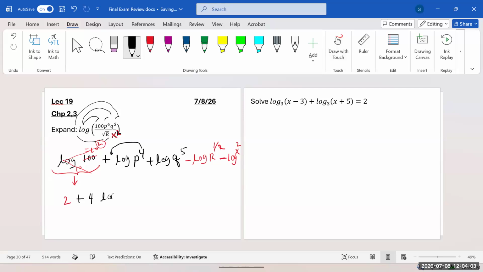So 4 log p. The next one, 5 log q, minus 1/2 log r, minus 2 log x.